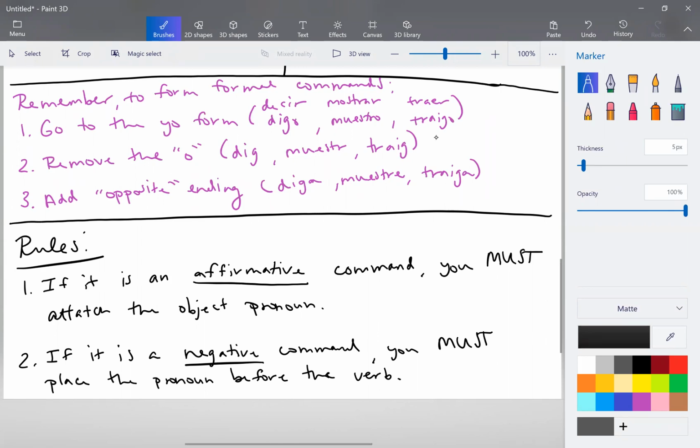And these are unbreakable rules. There's no flexibility at all. If you're telling someone to do something, you need to attach the object pronouns. If you're telling someone not to do something, you need to put them before the verb, before the command.